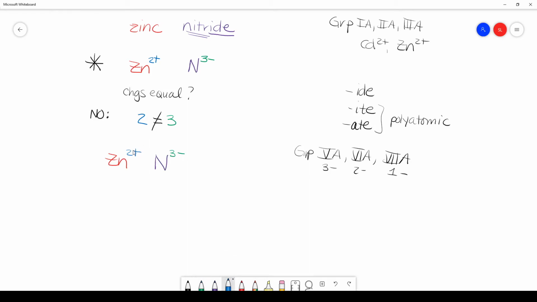The value of the cation charge, the 2, is going to come over here and become the subscript for the anion. And the value of the anion charge, the 3, is going to move over here and be the subscript for the cation. So when we rewrite this, we end up with zinc nitride, Zn3N2.